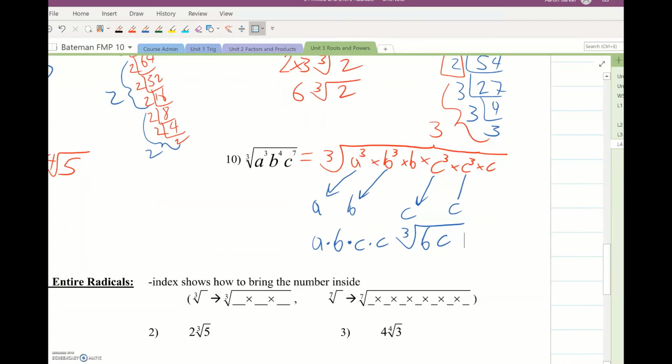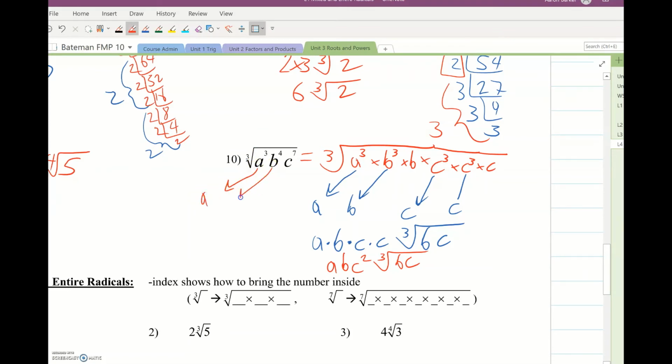Okay, so we're going to finish off this question here. We have to regroup things back together. So we're going to get a b c squared, cube root bc. There we go. Now, some people, when they're really good, they can recognize from here that you have to take away groups of 3. So you can take out a group of 3.